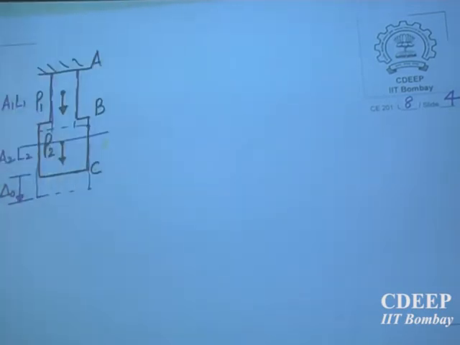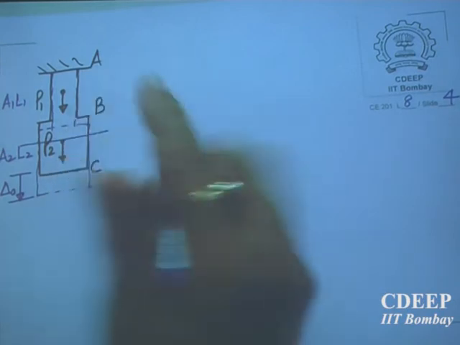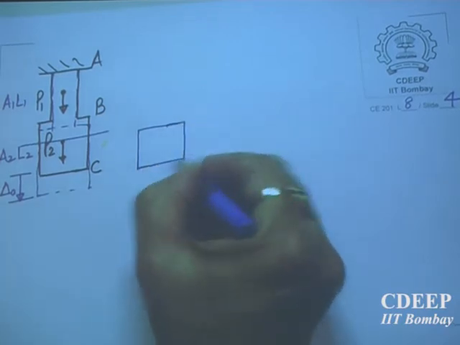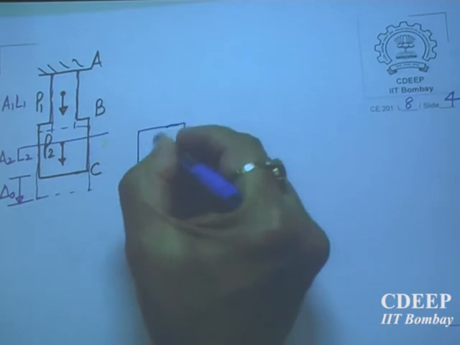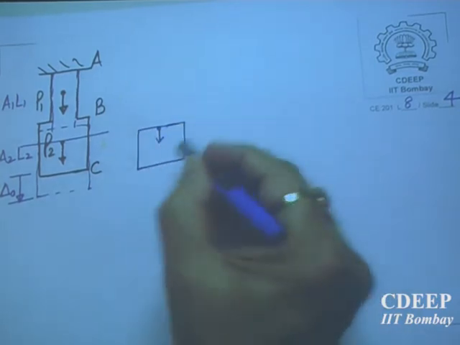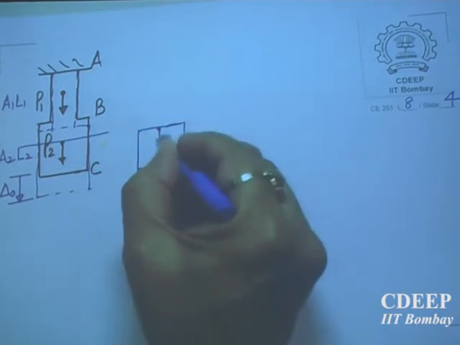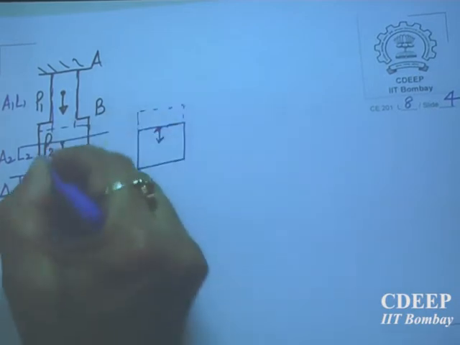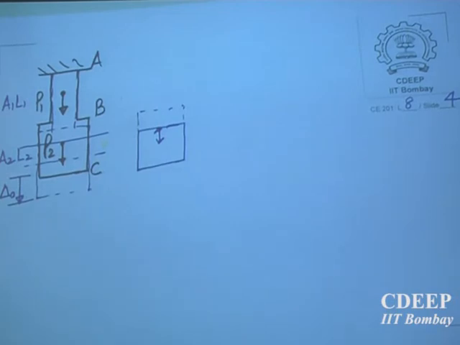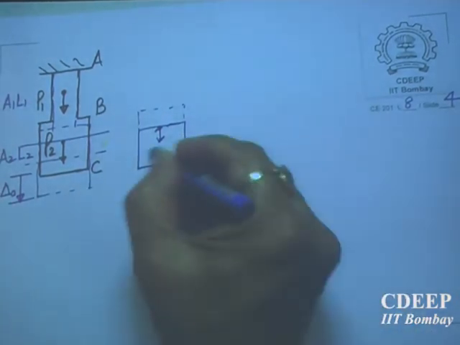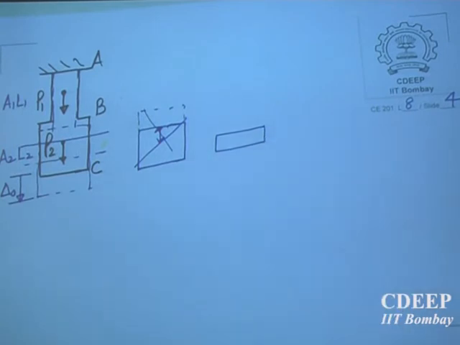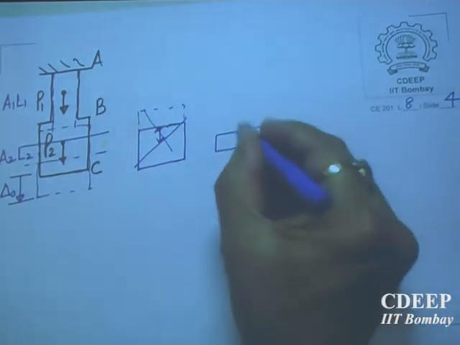So for delta naught, at any cross section here from C to B, the cross section is subjected to a force. Take a free body diagram up to point B. If I cut it above this, let us say here, what is the force being applied here?